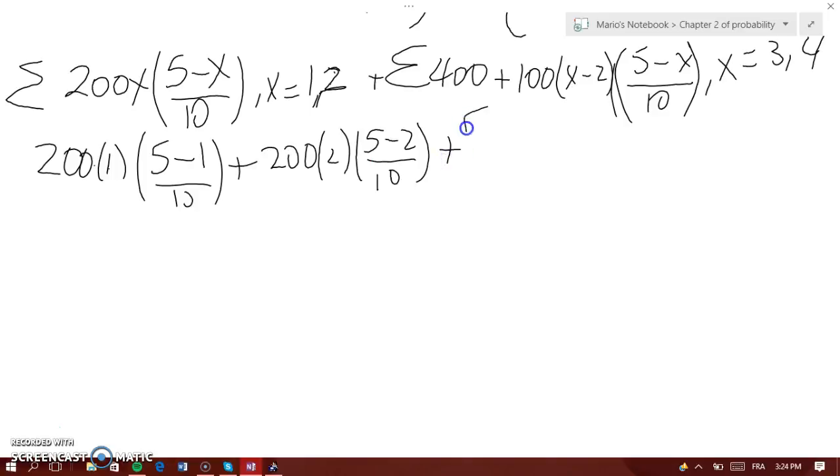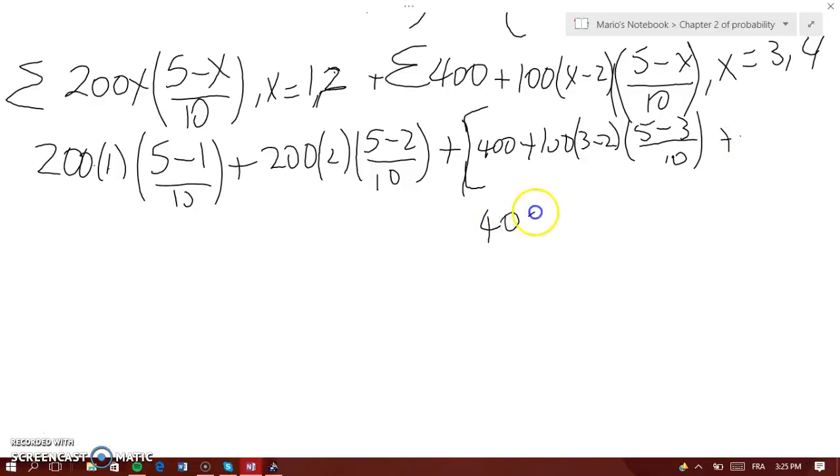Plus, now we're going to 3 and 4, so we get 400 plus 100 times 3 minus 2, times 5 minus 3 over 10, plus 400 plus 100 times 4 minus 2, times 5 minus 4 over 10. So that will be the expected payment.